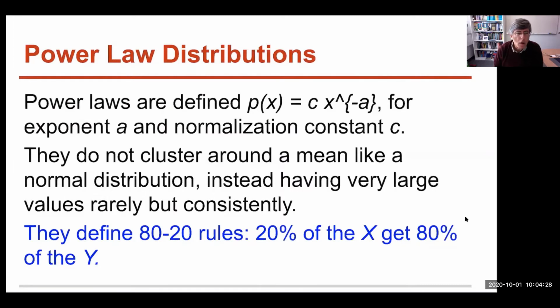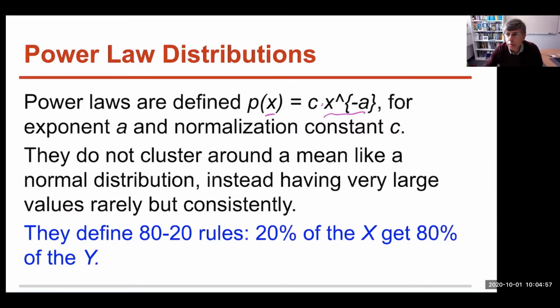A power law distribution is a distribution where the probability of getting a value of x is x raised to the minus a, times some constant. Let's think what that means. As x gets big, what happens to the probability here?